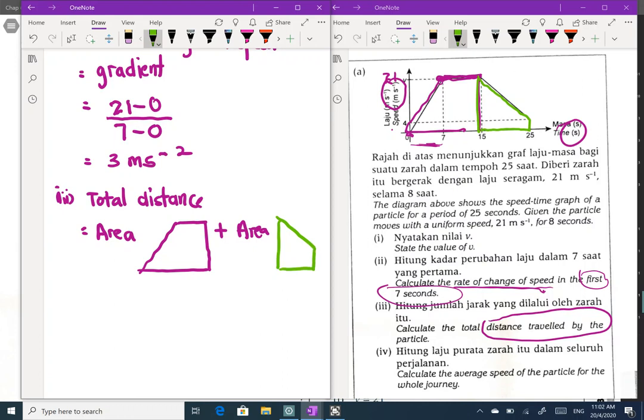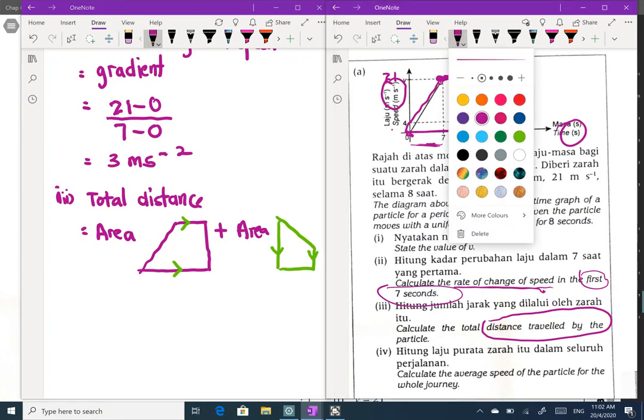Okay, now I determine the parallel lines of this trapezium. Okay, now I go and see.